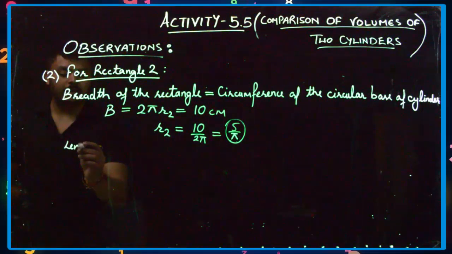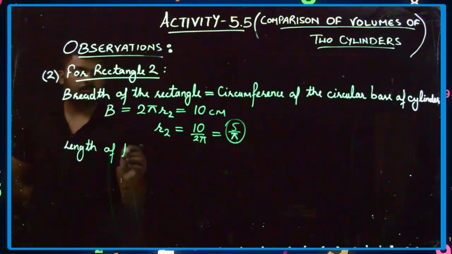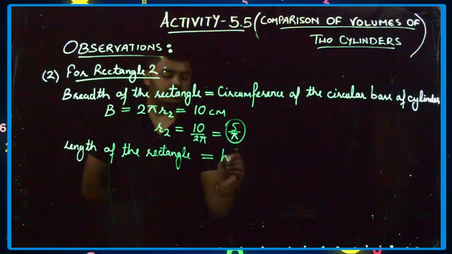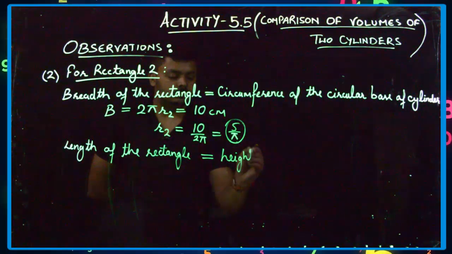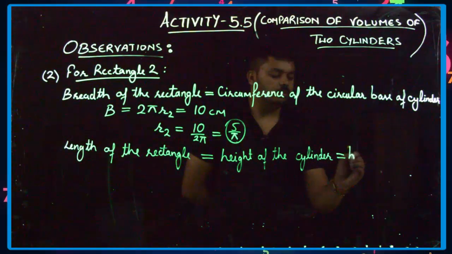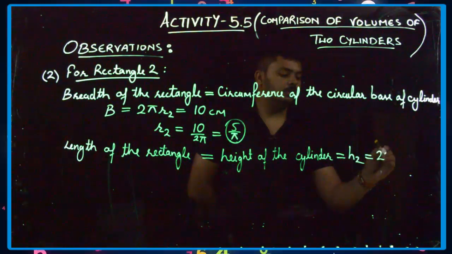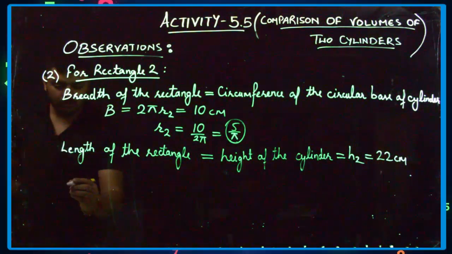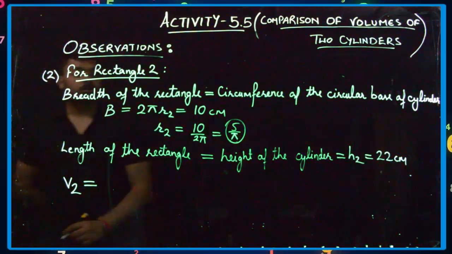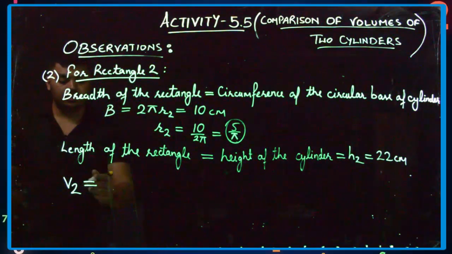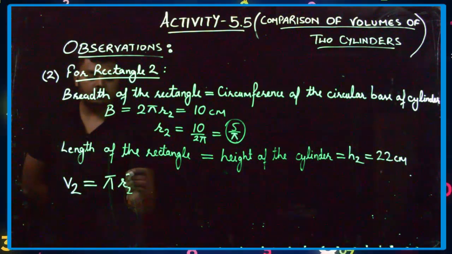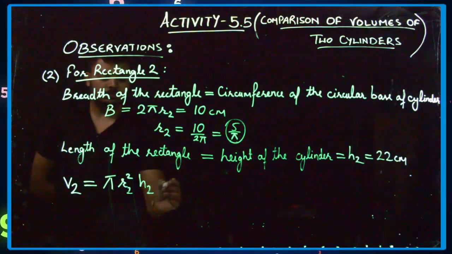Similarly, length of the rectangle is now equal to height of the cylinder, equals H2 equals 22 centimeter. So the volume of the cylinder 2 formed by rectangle 2 is V2 equals pi R2 square H2.